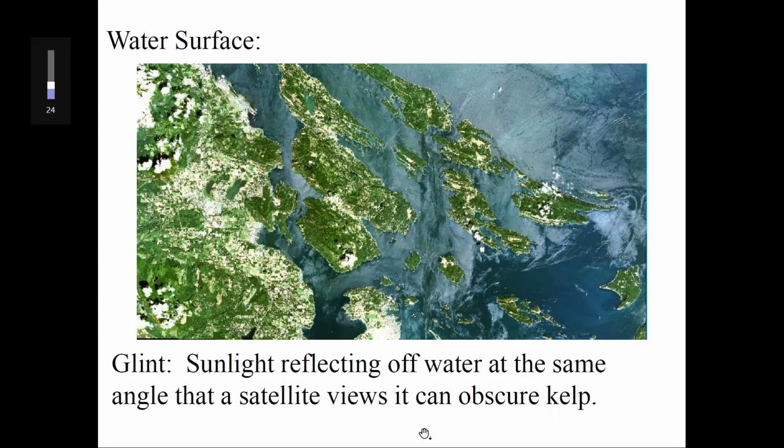The other environmental characteristic that is important is a function of the time of the year or the time of the day and the position of the sun when the satellite image is acquired. We call that glint, and that's what you see in this example in the image here. This whitish on the water is all glint, which is a mirror effect when the satellite viewing angle is similar to the sun angle, just in opposite directions.